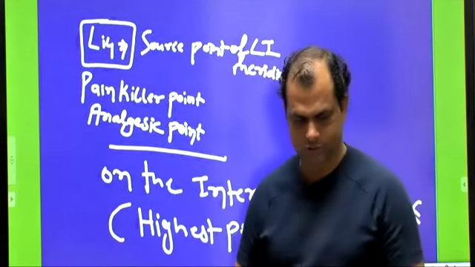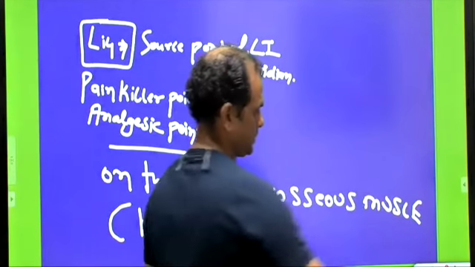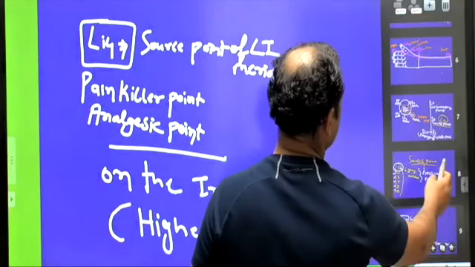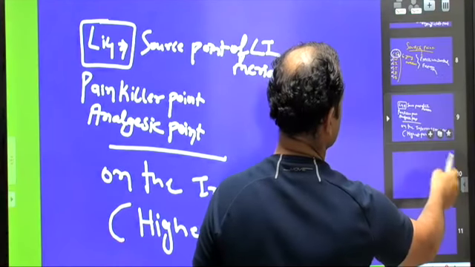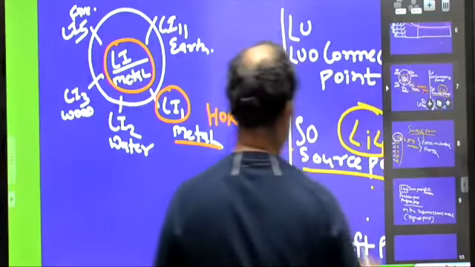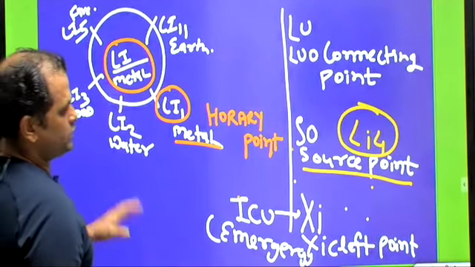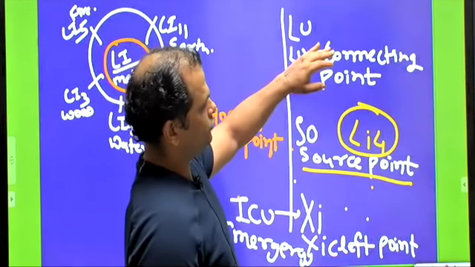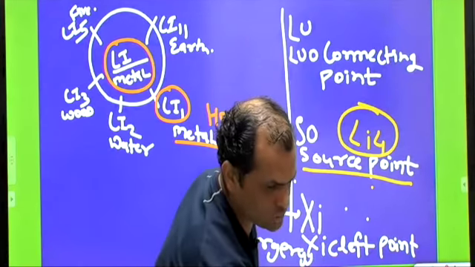First, I will discuss, so come back to this image. I told you that other than the 5 element points, we should have the idea of the 3 points: Luo, Xi-cleft, and Source.